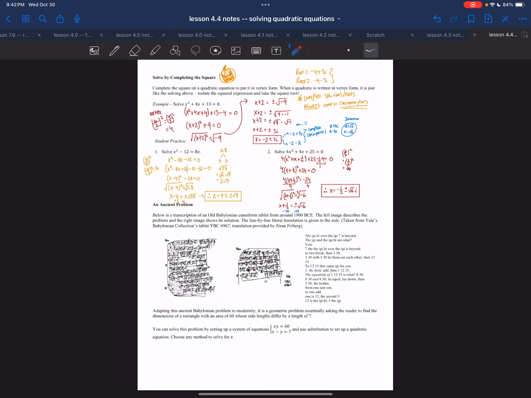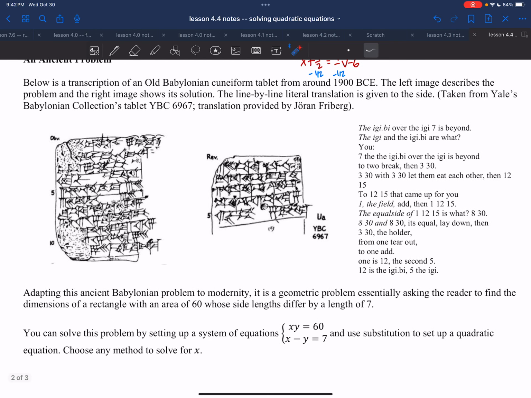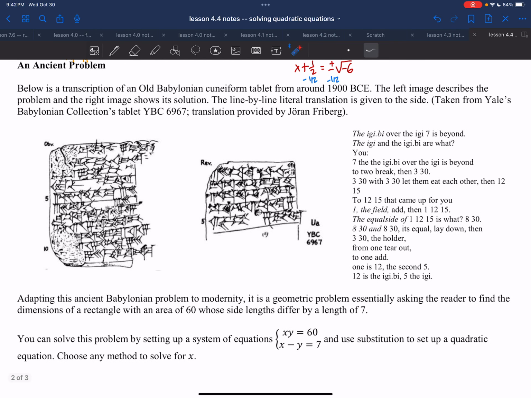Okay, the next part is an ancient problem. But I think I'm going to save this for last because, look, this is just a sweet little treat. It's like a yummy little candy. This is called a sweet treat, yeah?